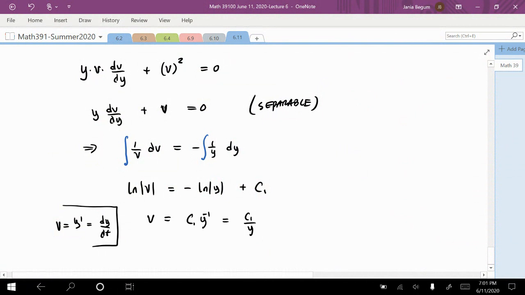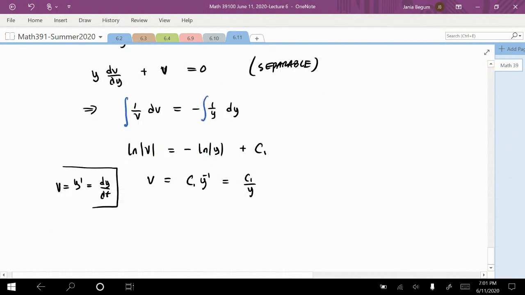That's what v is. Now I can plug in that v is y prime, and use dy/dt notation: dy/dt equals c1 over y. From here, how do we find the solution to this equation? Which method?